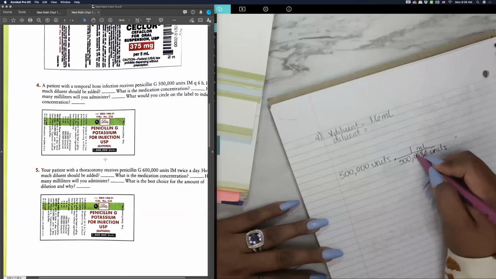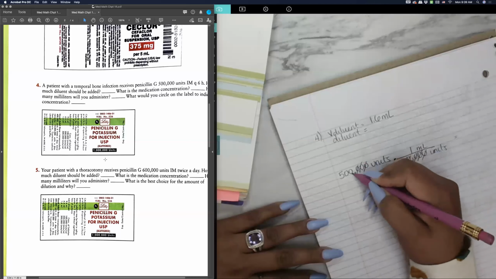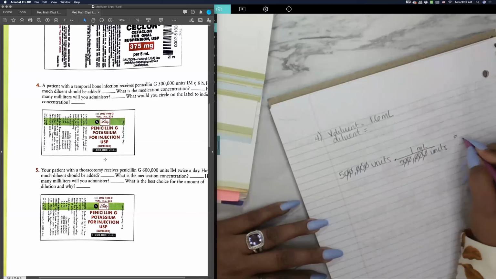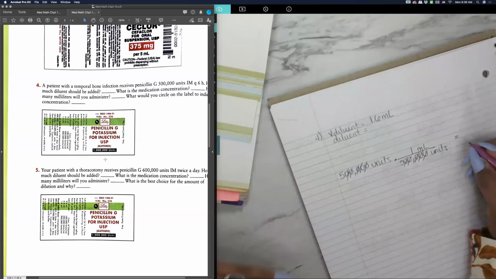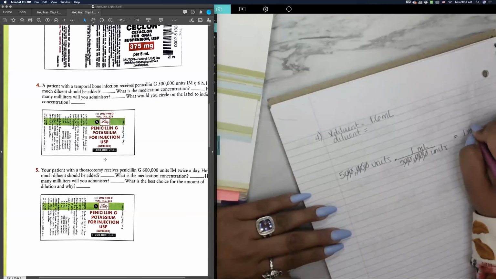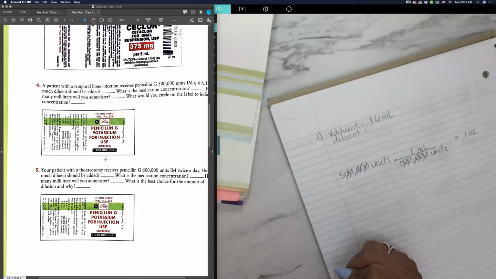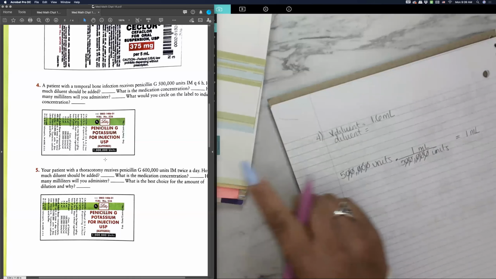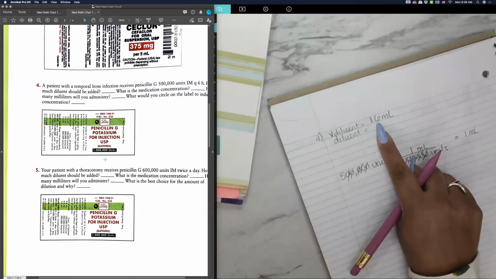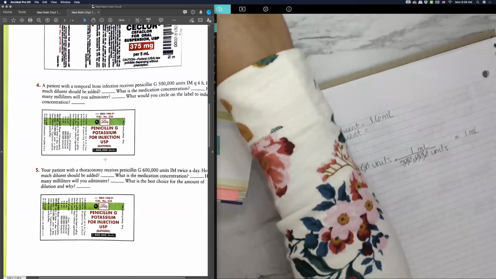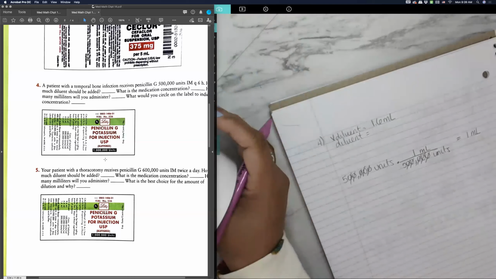We finish calculating the way we normally would. We cancel all those trailing zeros, and you're going to administer 1 milliliter of this medication to your patient based on adding a volume of diluent of 1.6 milliliters. Okay?